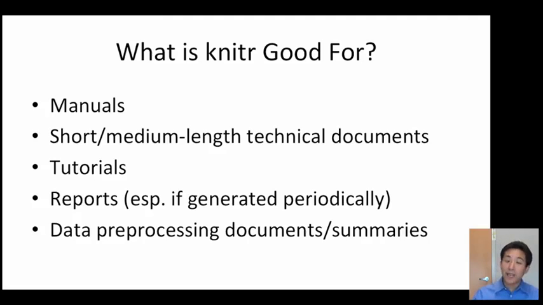And then also for data pre-processing, so often it's useful if you're going to pre-process a data set to create a clean data set, to create a knitr type document that documents all of the things that you do to the data set to make it clean. Maybe you remove some outliers, maybe you fill in some missing data, maybe you transform a variable here and there. All of that can be documented in this kind of knitr style where you simultaneously say what you did and then you actually do it in the code.